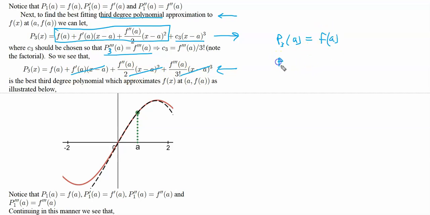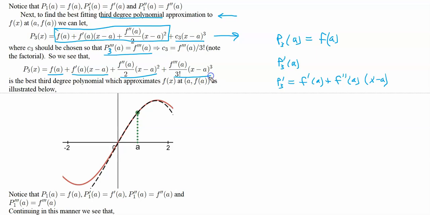What about the first derivative of P3 evaluated at a? Well, if we take the first derivative of this function right here, P3 prime, the derivative of this is 0. Derivative of this is f prime of a. Derivative of this part is going to be f double prime of a times x minus a.